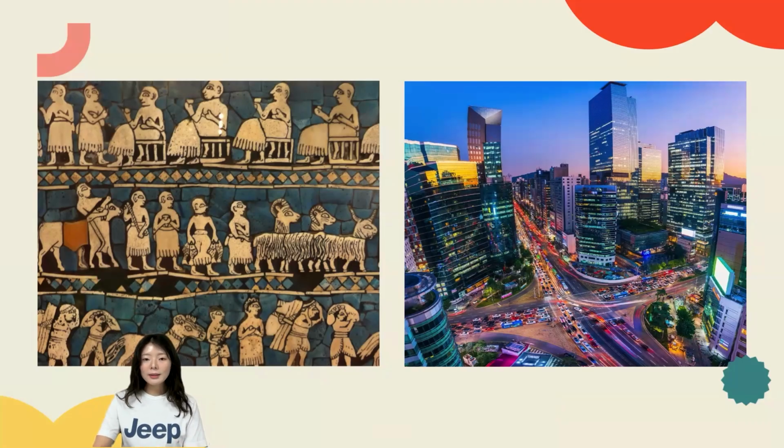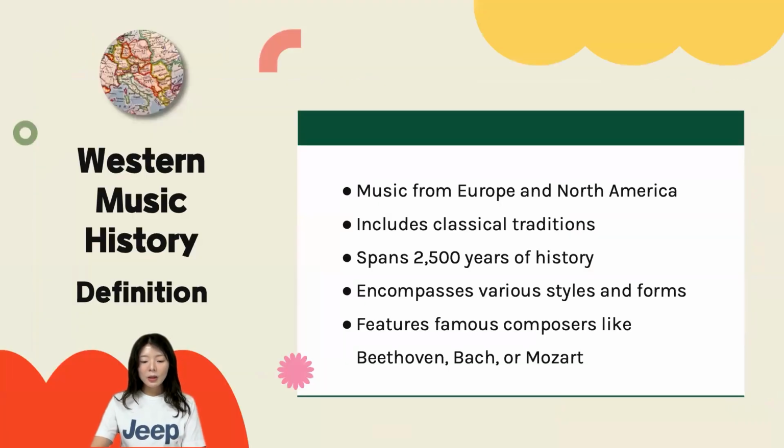So, what exactly is Western music? In this class, Western refers to music that developed mainly in Europe and North America, especially the kind of music we usually call classical music. Okay? You might have heard names like Beethoven, Mozart, or Bach before, right?